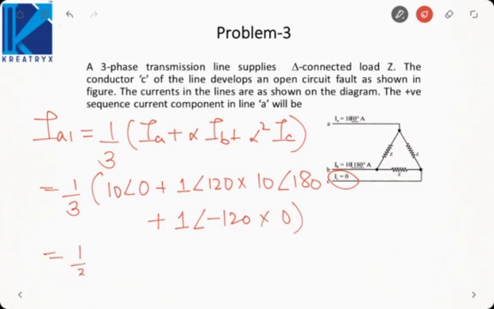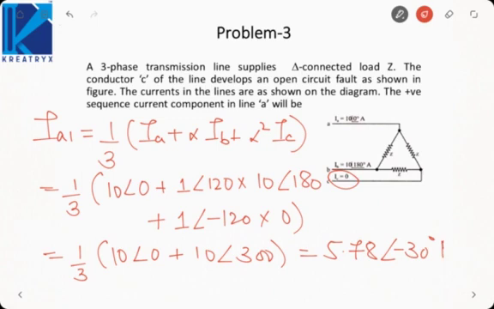So it will be 1 by 3 [10 angle 0 plus 10 angle 300]. This will come out to be 5.78 angle minus 30 degree ampere. So that will be the positive sequence component of the current in phase A.